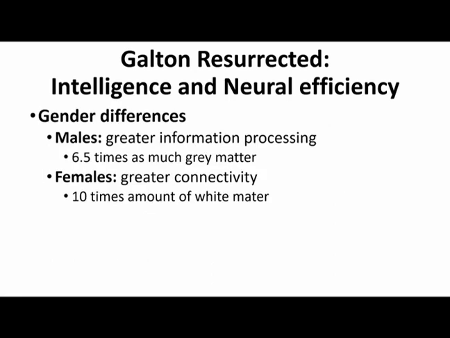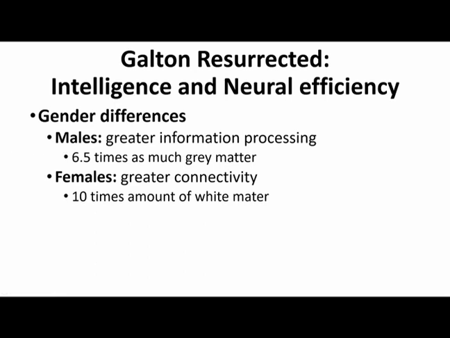And though we'll be talking about gender differences in the next part of this chapter, we can talk very briefly here about gender differences in how our brains operate. So males tend to have greater information processing ability.